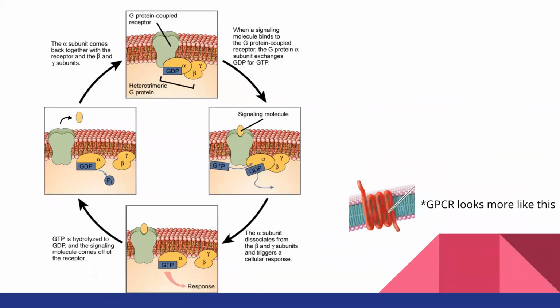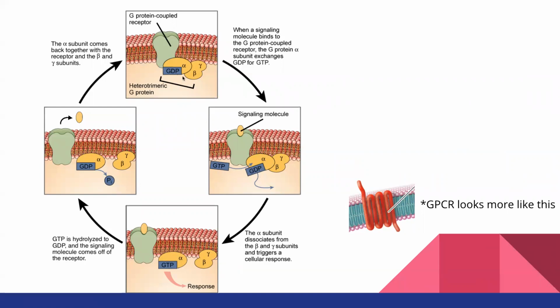So this is just another diagram showing what happens. Here, G alpha is bound to GDP and it's deactivated. This is the deactivated form of the G protein coupled receptor.